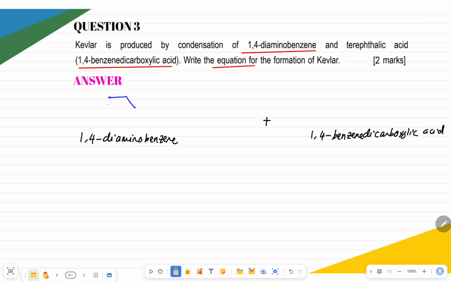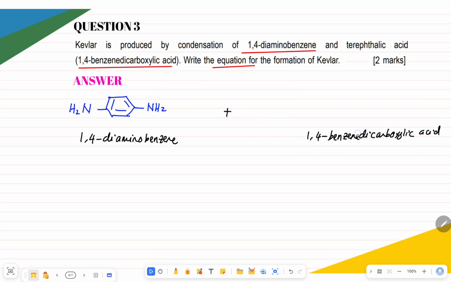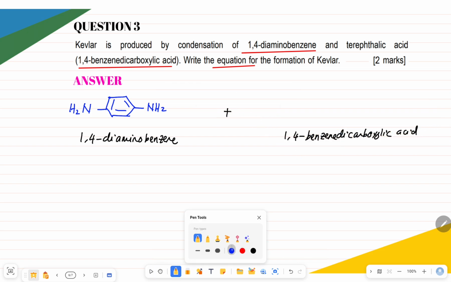Diaminobenzene, the parent is benzene, and then it has amino at carbon number 1, NH2, and another amino at carbon number 4, para location. Okay, next, plus 1,4-benzene dicarboxylic acid. Again, the parent is benzene with COOH, both at carbon number 1 and at carbon number 4.